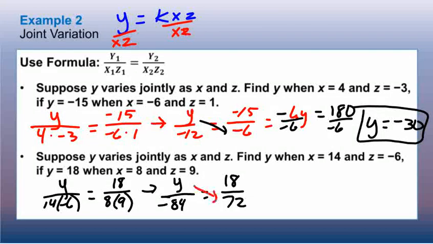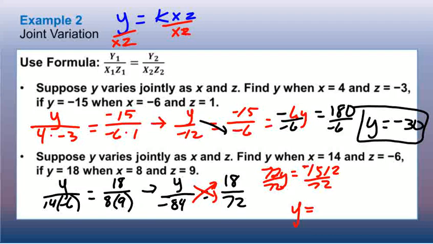Do cross products, so that's 72y equals -84 times 18, which gives us -1,512. Divide by 72, y would equal -21.